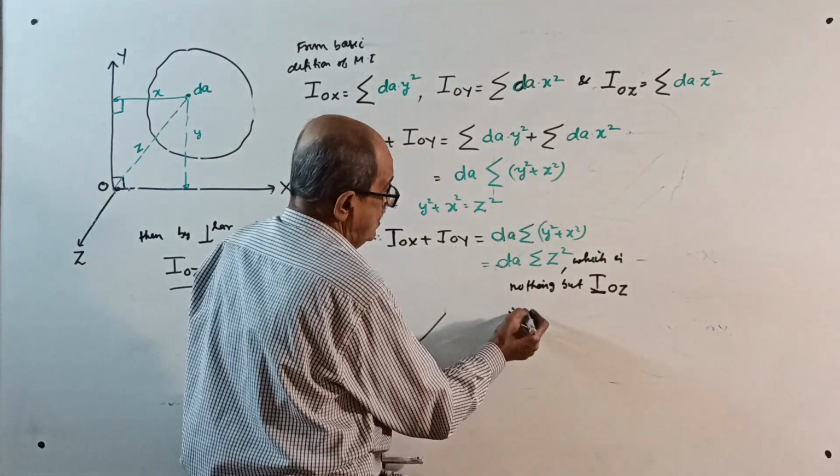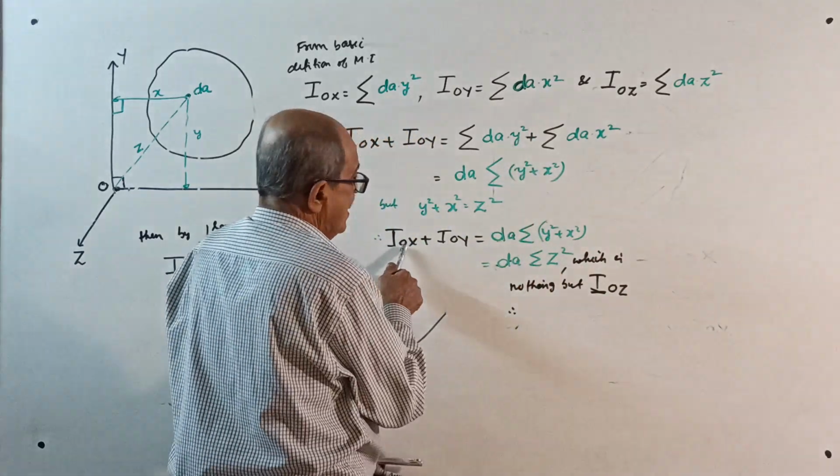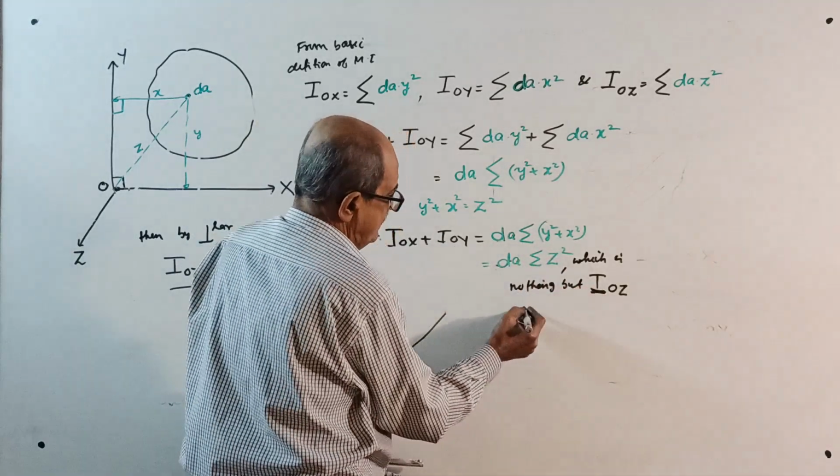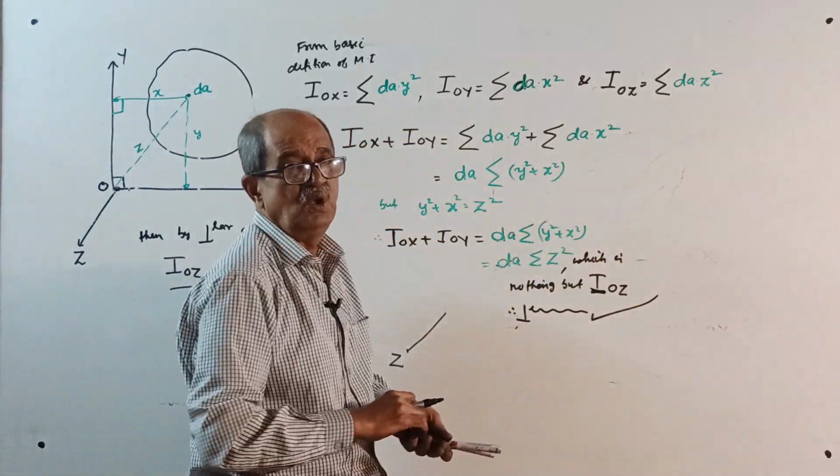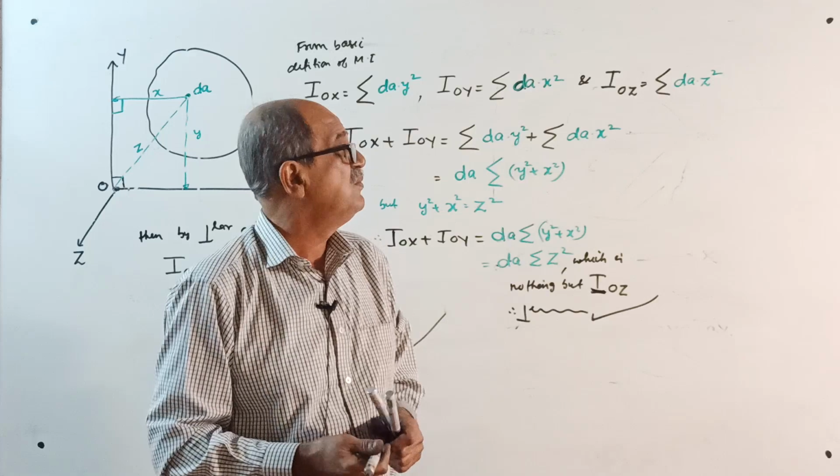Therefore, IOX plus IOY equals IOZ, and the perpendicular axis theorem is proved. That's all, a simple proof.